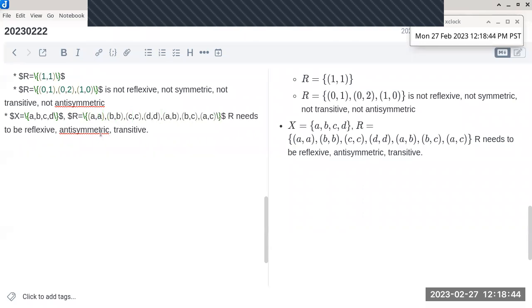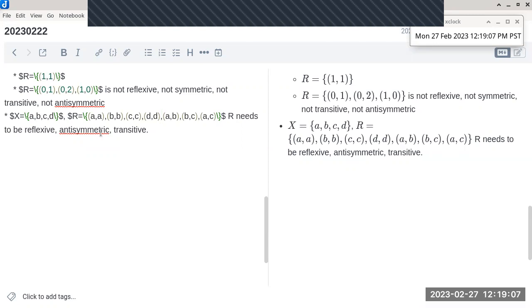So in this case, X has one extra element: A, B, C, and also D in X. R is the same as before, except I added DD so that it continues to be reflexive. If you check whether it is anti-symmetric, it is anti-symmetric. We did not introduce anything that makes it not anti-symmetric.